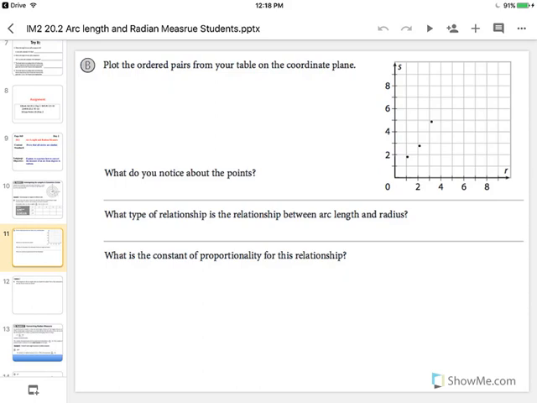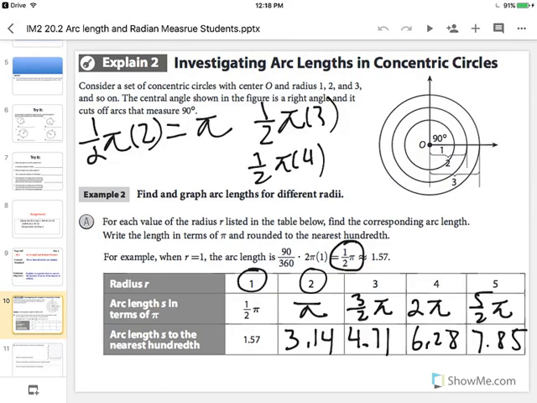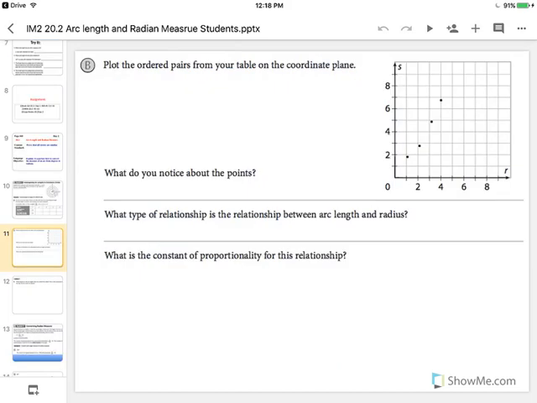For 4, 6.28, so maybe here. And for 5, 7.85, so maybe here.